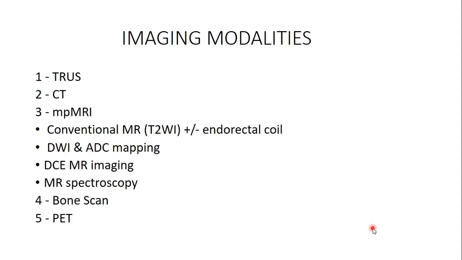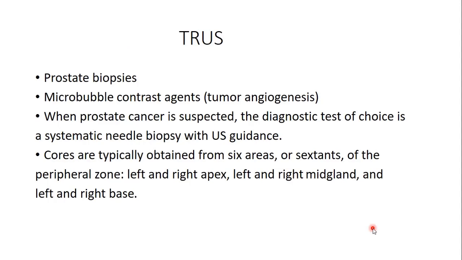The various imaging modalities used for the diagnosis of prostate cancer are transrectal ultrasound, CT scan, multiparametric MRI, bone scan, and PET scan. Transrectal ultrasound. The main role of transrectal ultrasound is in prostate biopsy.